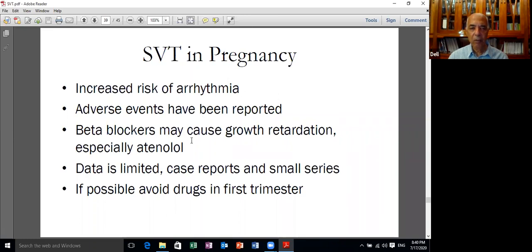Beta blockers can cause growth retardation, respiratory depression, and fetal hypoglycemia, particularly atenolol, which is class D for pregnancy. So it is always to be avoided. If you use beta blockers, keep away from atenolol. Data are limited to small series, and avoid drugs in the first trimester.